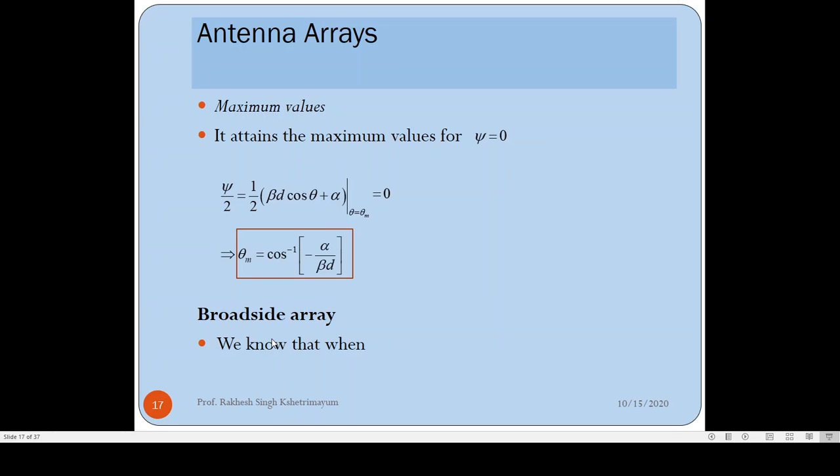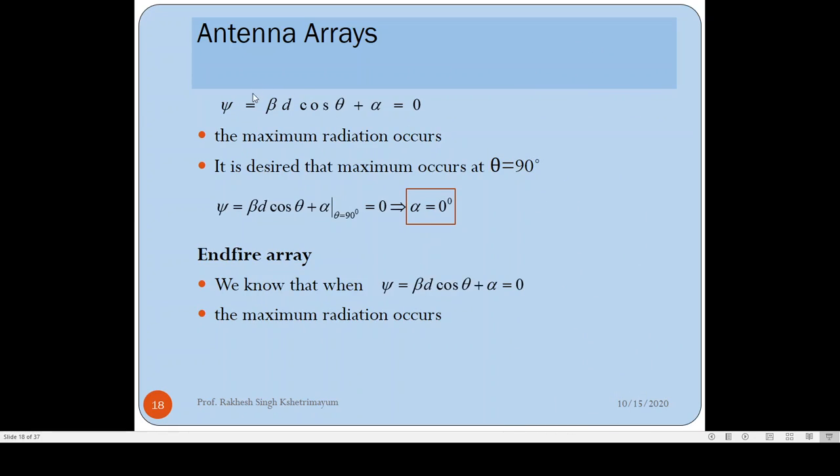So let's say I want to have a broadside array, so I have the liberty of choosing what kind of pattern I want to make from the antenna array. Broadside array means I want to have maximum radiation at theta equal to pi by 2.